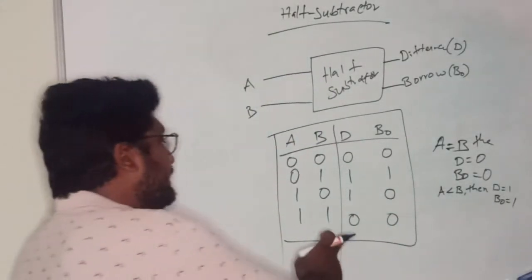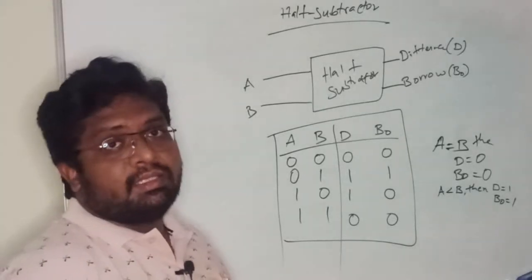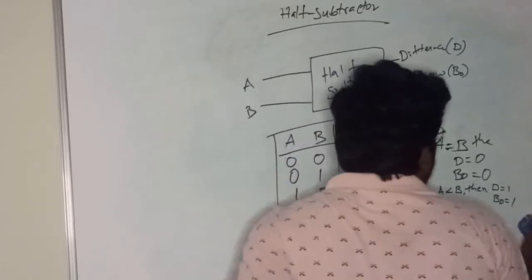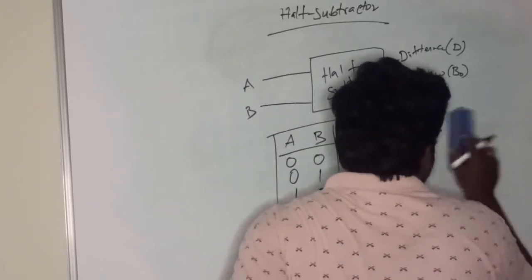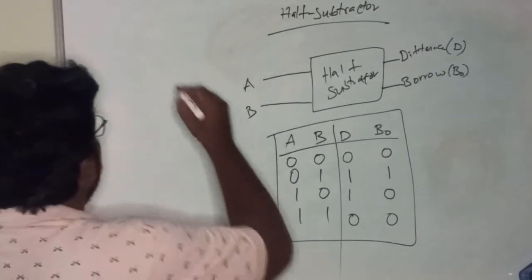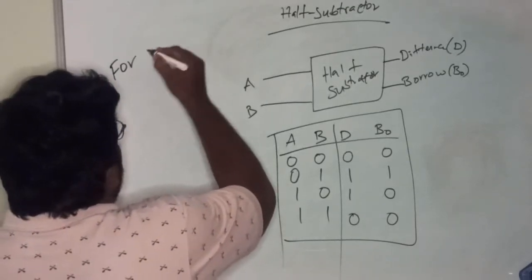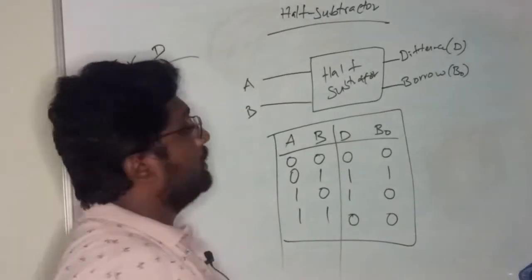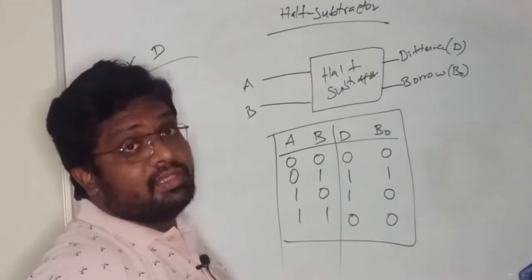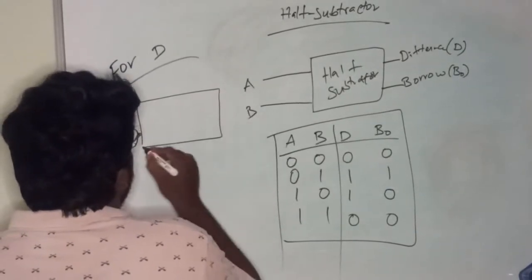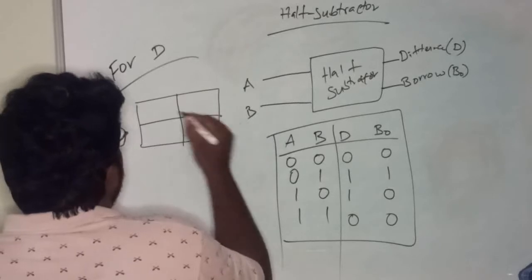By using this truth table, let us simplify it with K-maps, right? I am drawing the K-map for the difference D. As it has two inputs, I will have 4 squares.